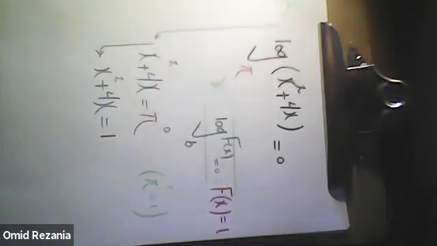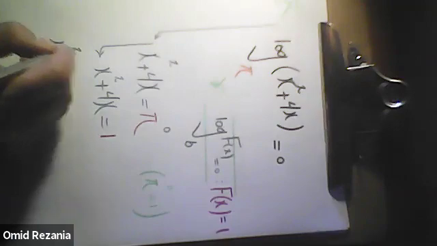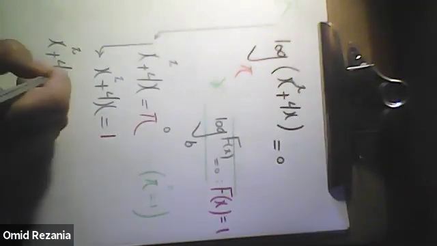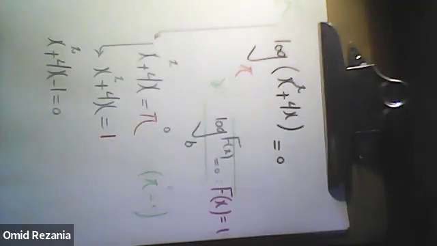Then again, I ended up with this transformation into the quadratic equation, which means what is that equation? x squared plus 4x minus 1 equals 0. Correct?